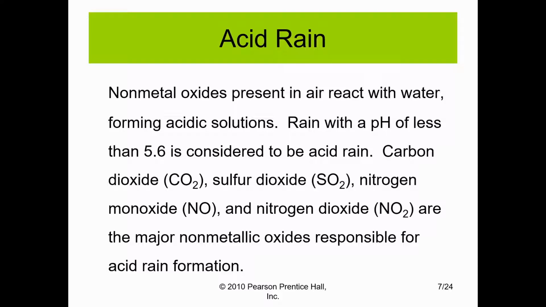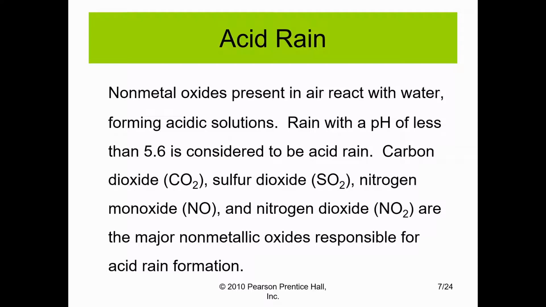Remember when we discussed acid anhydrides? These are molecules that can react with water to form acids. Acid rain is prepared by some of these acid anhydrides that are entering into the atmosphere reacting with water in the atmosphere. For example, carbon dioxide, sulfur dioxide, nitrogen monoxide, and nitrogen dioxide are major nonmetal oxides that are also acid anhydrides.